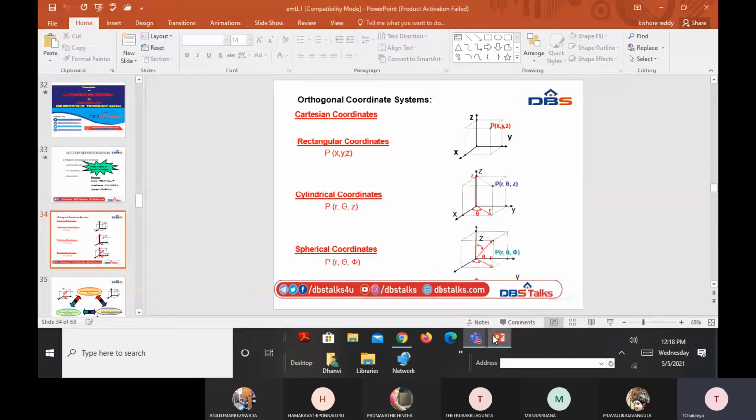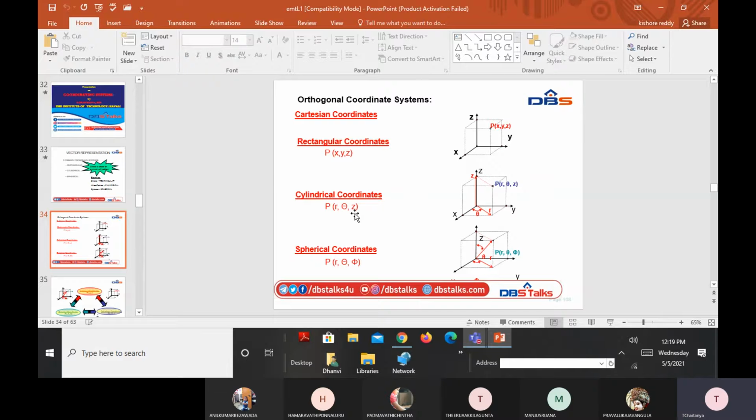Our next coordinating system is the cylindrical coordinating system. Here we can consider the coordinating system in the shape of a cylinder.